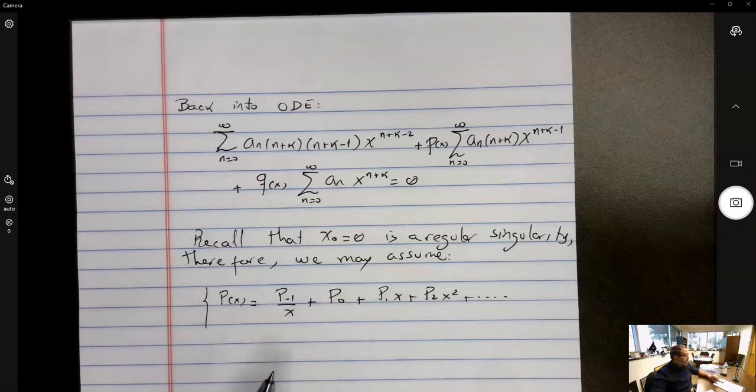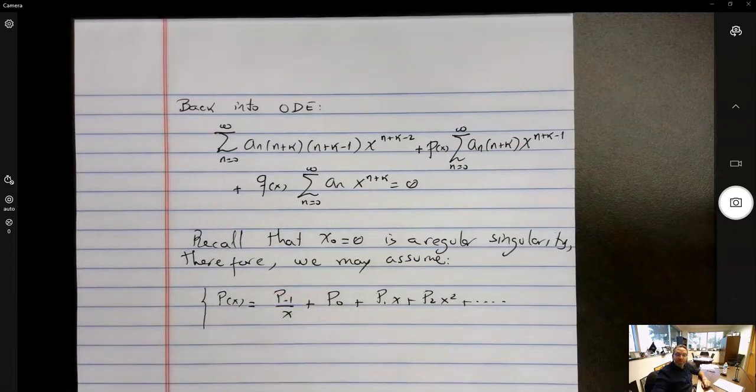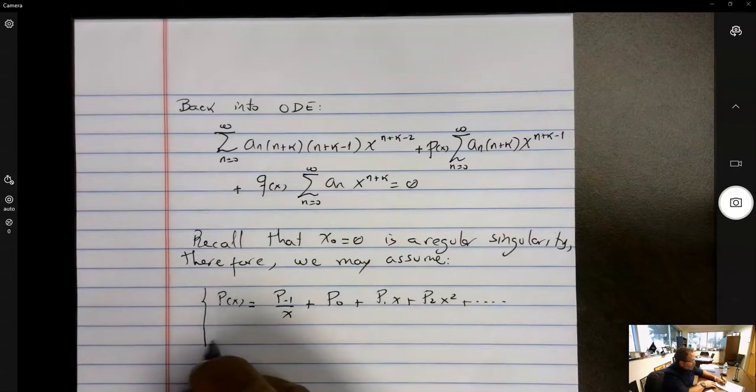And since it's a regular singularity, that means that if I did multiply this by an x, then the singularity will be gone. Then I can assume that this function can be expanded as a Taylor series plus this singular term right here, where p_minus1, p0, p1 are just these coefficients of the Taylor expansion.